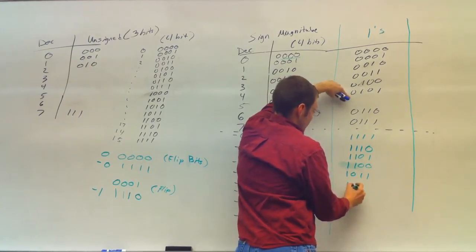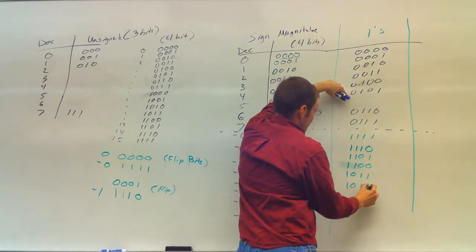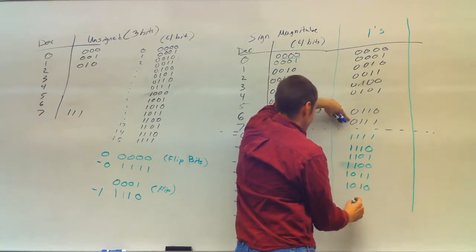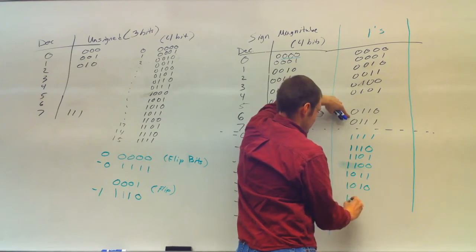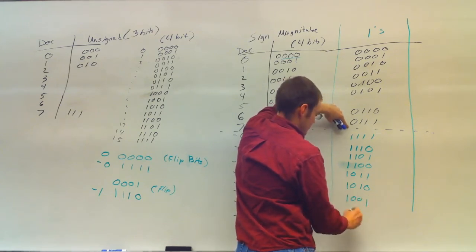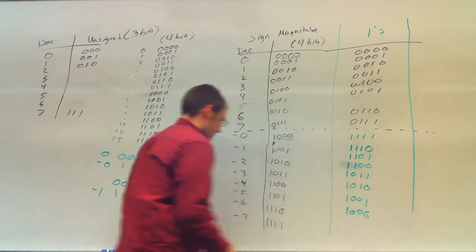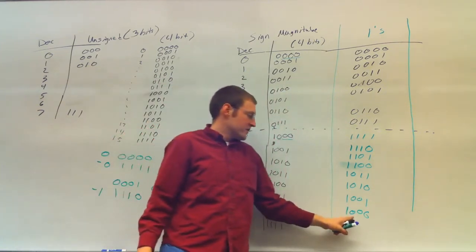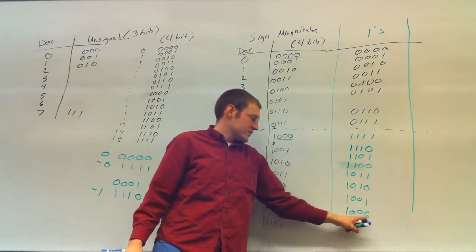And I'm sorry it's maybe not lining up correctly, but it's kind of hard to. 1, 0, 0, 1, and then it's 1, 0, 0. So -7 now is 1, 0, 0, 0.